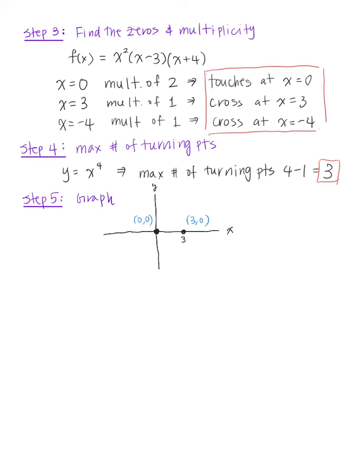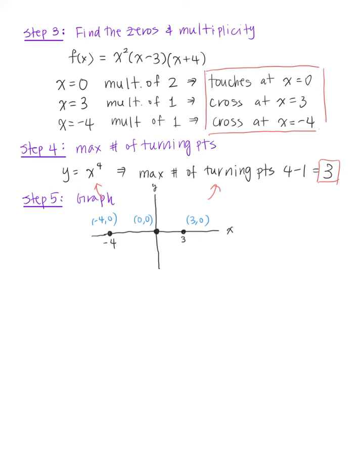And then negative 4, 0. So let's pretend that's negative 4. Now the end behavior, we determined that it's going to be this way, right? Going upward. And our y-intercept is also at 0, 0. So this is all the information that we get.